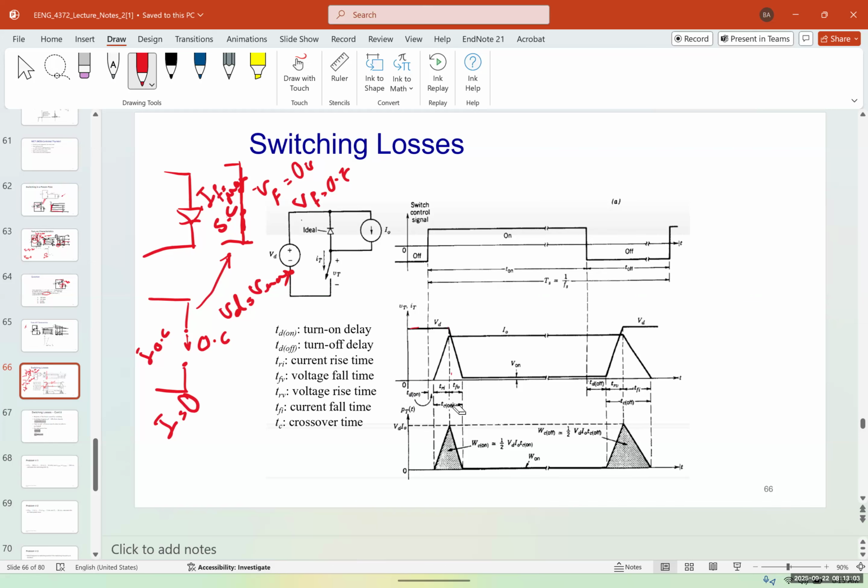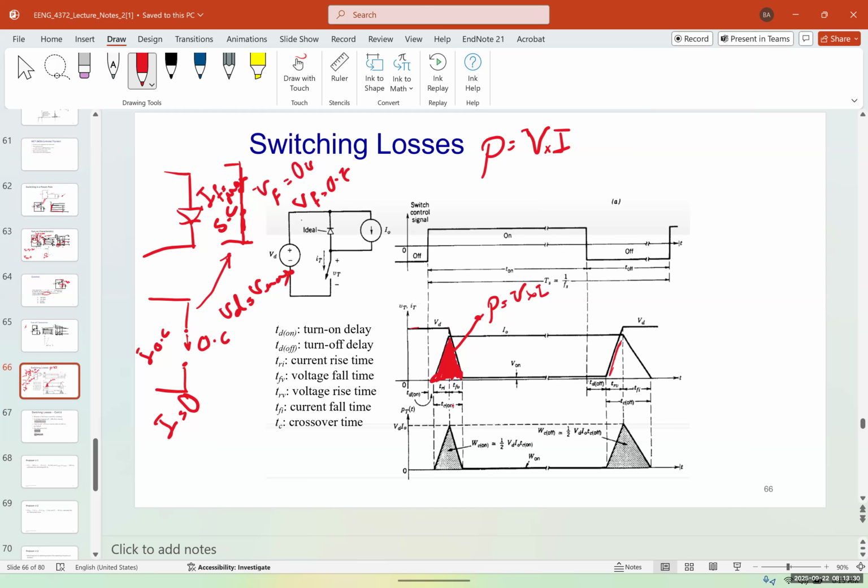let me erase these. Do you remember what power is? The general equation for power. VI. Yes. So here we have voltage and we have some current, and therefore this would be my total power loss, P equals VI.